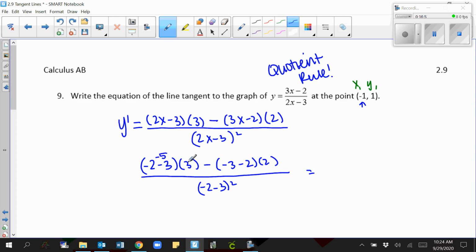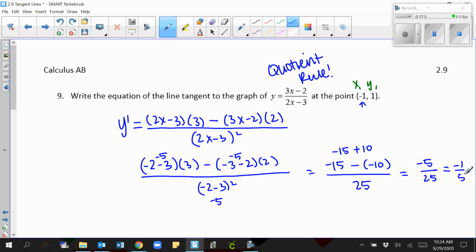So -5 times 3 is -15, minus -5 times 2 is -10, all over, well, -2 and -3 is -5 squared, which gives me a positive 25. So -15 plus 10 gives me -5 over 25, which gives me -1/5.